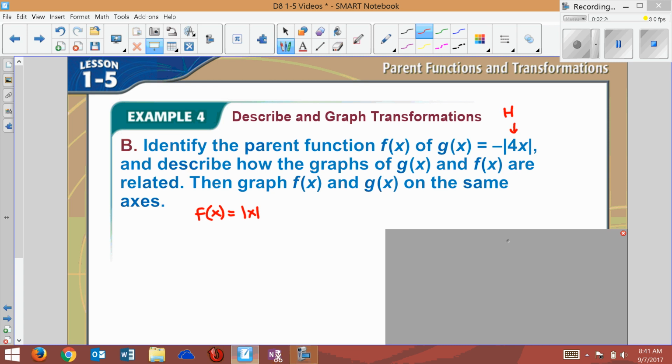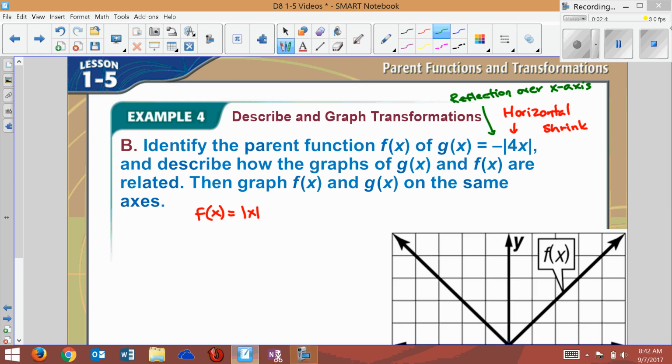And since it's multiplying by 4, we do the opposite, which means it's a horizontal shrink. Now, what is a horizontal shrink going to look like? A vertical stretch. The negative is on the outside, so this is a vertical reflection, or a reflection over the x-axis. I know it seems backwards, but to make it vertical, going up and down, it's got to go over the x-axis.